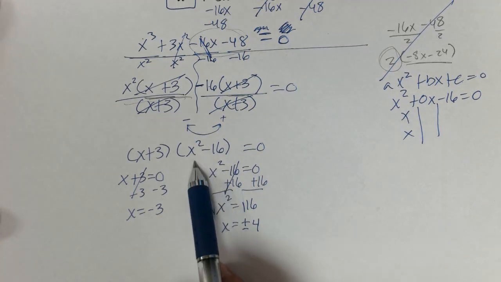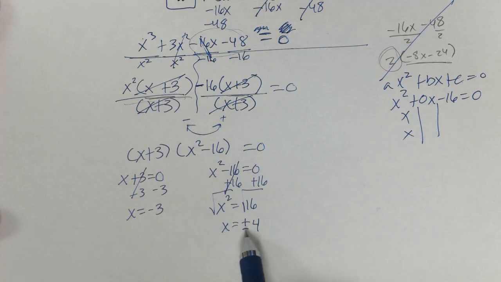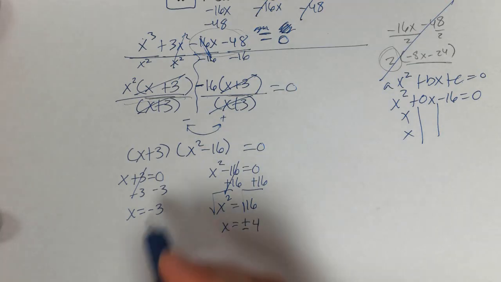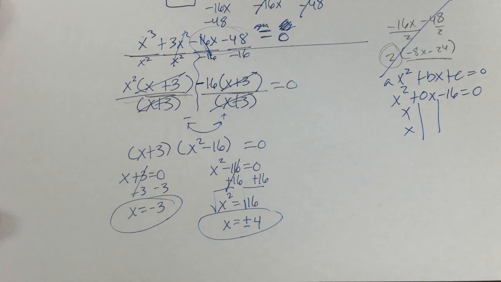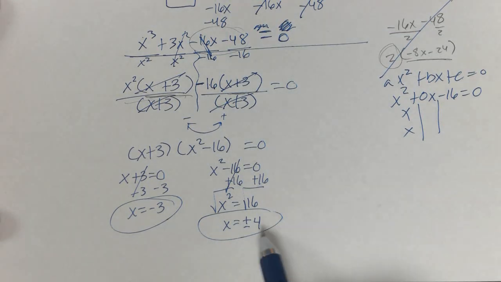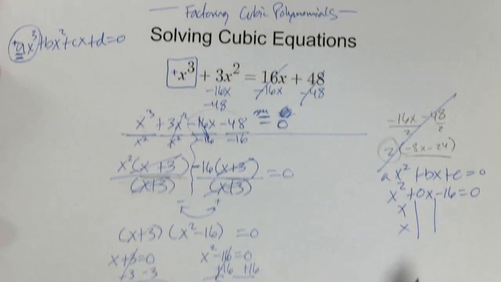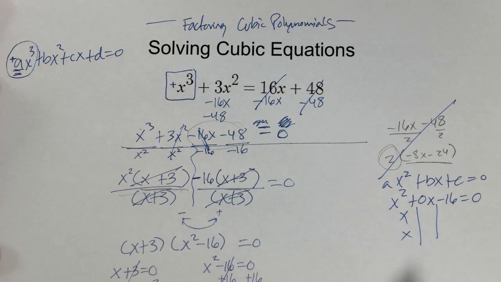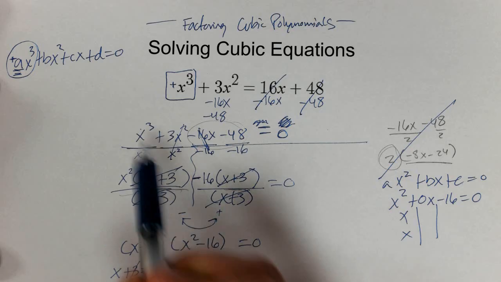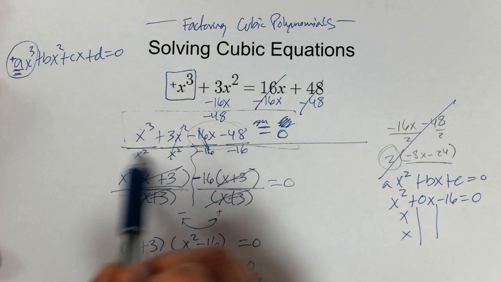I can't go from two possible answers to one answer. I need to make up for that when I square root it by making it a plus and a minus. And here are my two solutions. Or three solutions: positive 4, negative 4, and negative 3. And we do that whenever we have a cubic polynomial or a cubic equation with 4 terms.